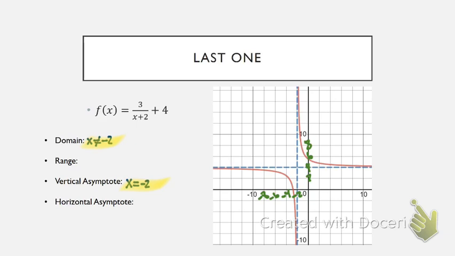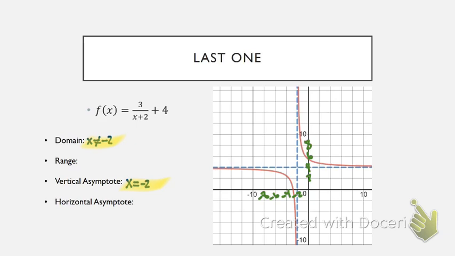I mean, they're always going to be the same with one caveat, that a domain restriction, so an x value that x cannot be, so in this case negative 2, will either be a vertical asymptote or a point of discontinuity. But we haven't talked about a point of discontinuity yet, so obviously that's not what it's going to be. But we'll get to that in the future. But I don't want to lie to you on this video just because we haven't talked about it yet.